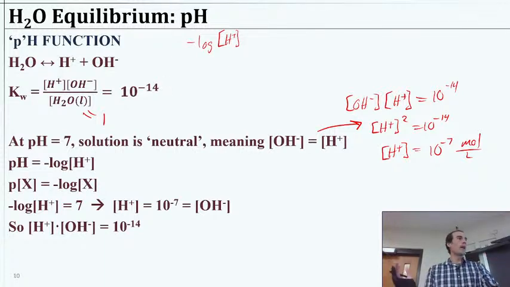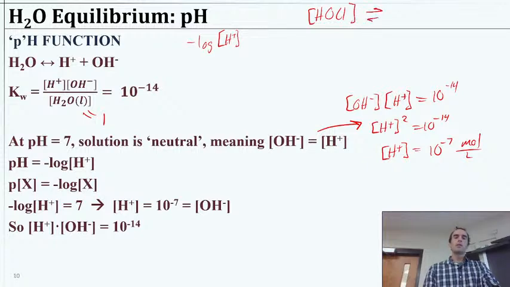And this is the same way it works if we're going to do something in the future, and spoiler alert, we will. When we take a look at, for example, bleach, HOCl, that's going to be in equilibrium with H+ and OCl-.